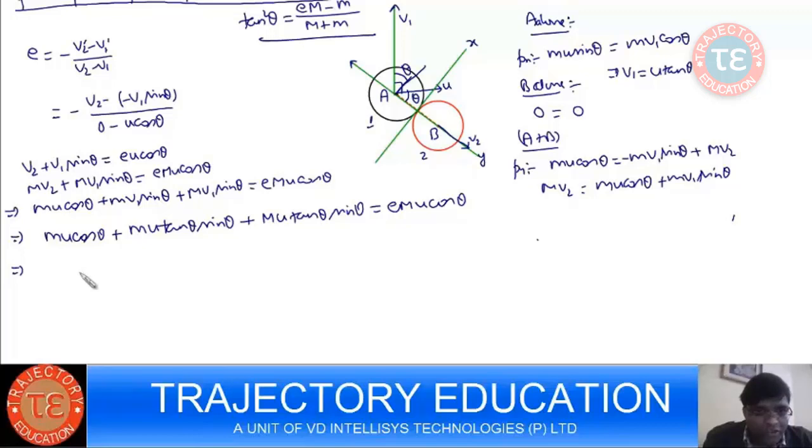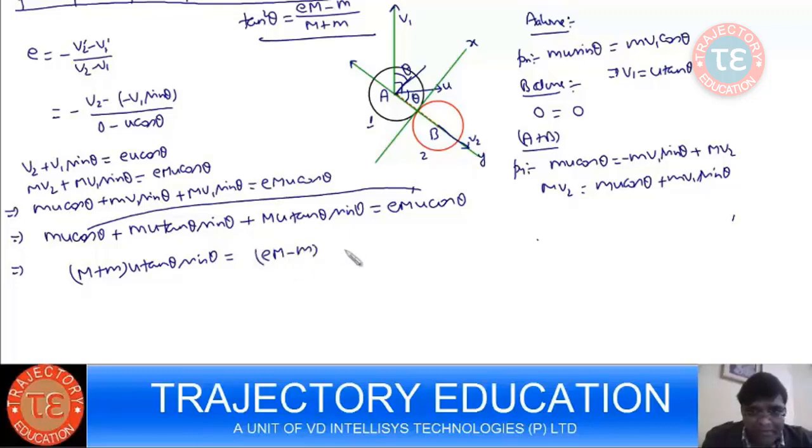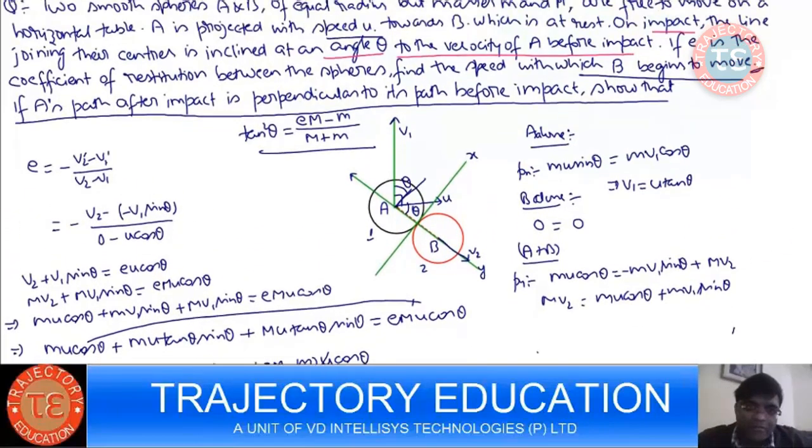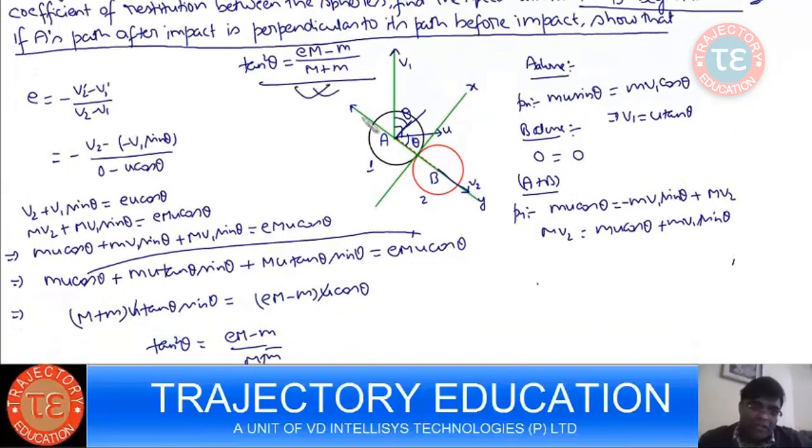This becomes M plus m, u tan theta sin theta is eM minus m, u cos theta. u and u will cancel out. If I bring cos theta to this side, it becomes tan square theta as eM minus m over M plus m, and I think that is exactly what we had to prove. Yes, this was exactly what we had to prove.